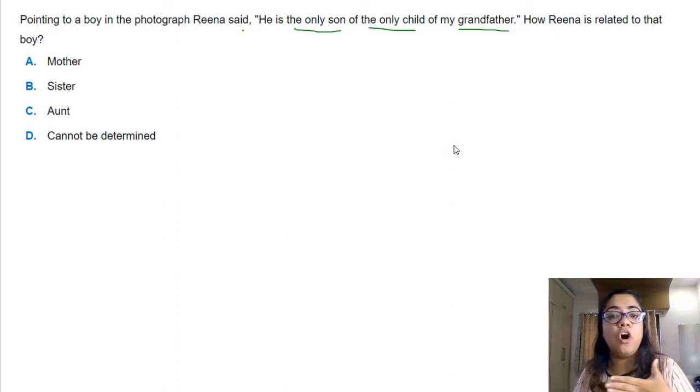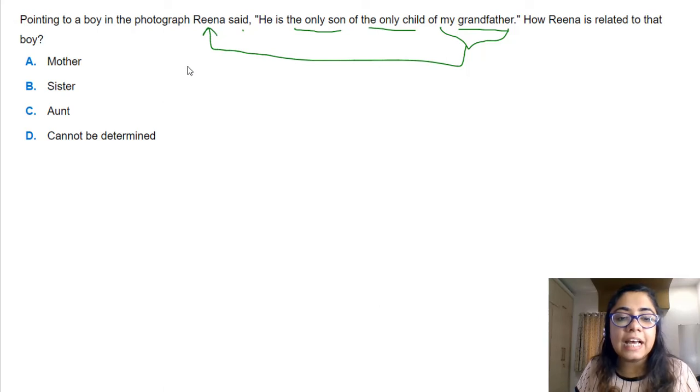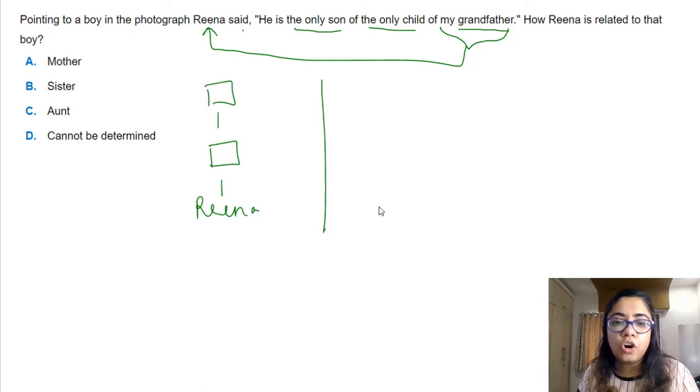Kiska child? Of my grandfather. So we'll start with the last part, which is my grandfather. My grandfather means Reena's grandfather. But Reena's grandfather could be father's father or mother's father, right? So we'll make two cases. Reena's grandfather could be father's father, or it could be Reena's mother's father.